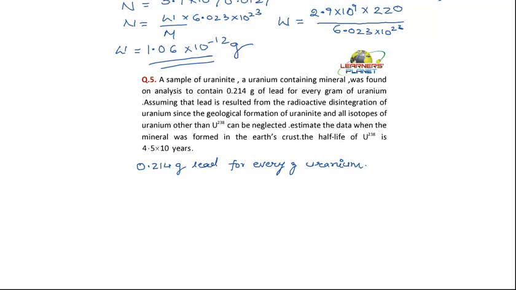It is saying that in the uraninite ore, lead has resulted from radioactive disintegration of uranium. You have to estimate the date when the mineral was formed in the Earth's crust. The half-life of U-238 is 4.5 into 10 to the power 9 years.